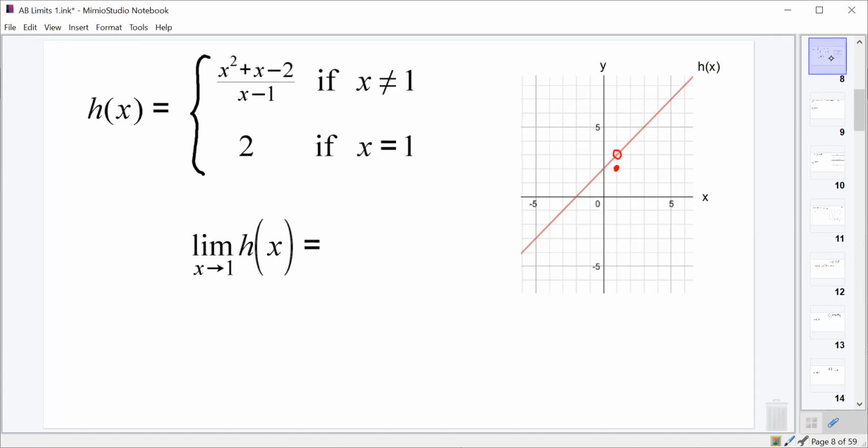So what we've got is a linear function except with a hole in the middle of it, and then we have some random point plotted there at the point 1, 2. Everybody good with that being the graph of x squared plus x minus 2 over x minus 1 if x isn't 1 and 2 if x equals 1? Perfect. Okay. So what's the limit as x approaches 1 of h of x?